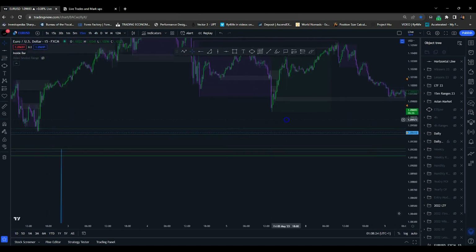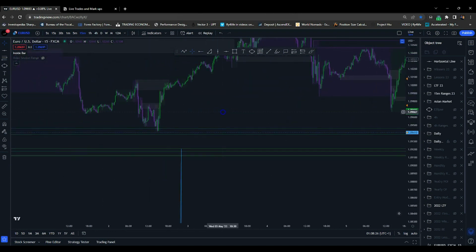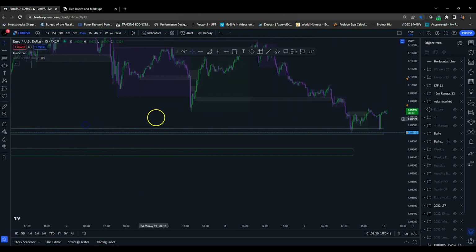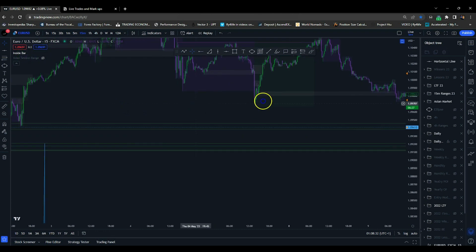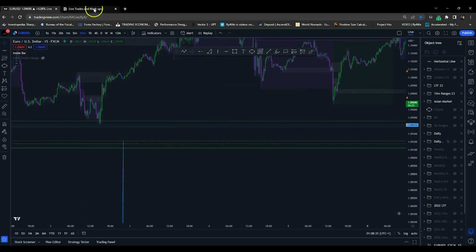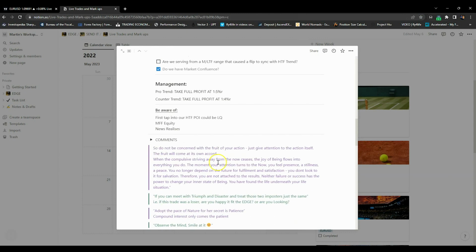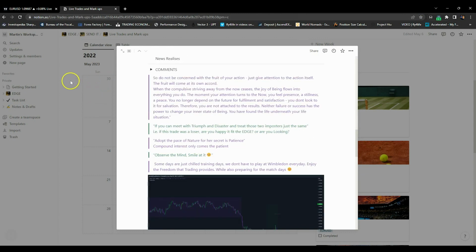Where are we going from? This 4-hour low. Yeah, I think that's the only kind of takeaway I could do there. Other than that, happy with the trade. Take that again. It's all good.